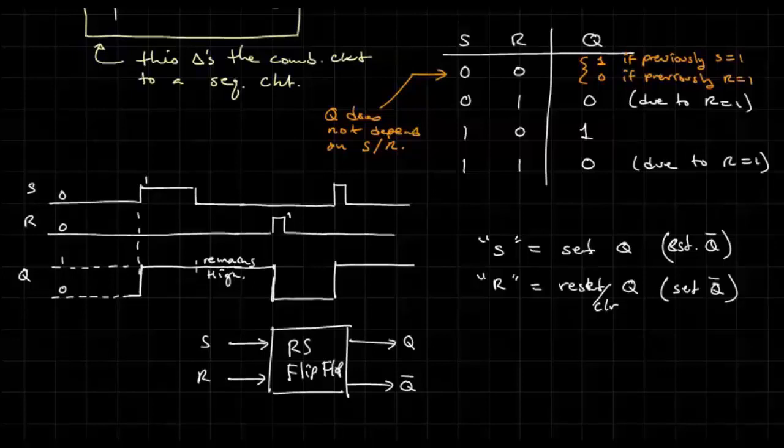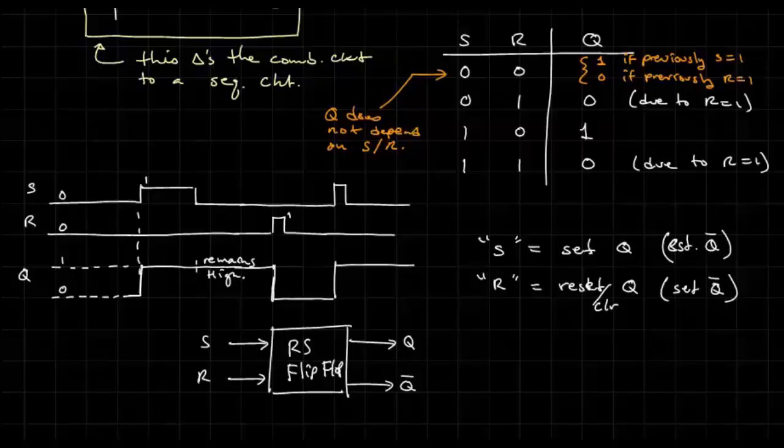But usually, that has limited benefits, because when you turn both of those to low, one of them is going to go low a little bit sooner than the other one. So if you want to go to a known state, it's better just to either set the S input high or set the R input high and get the output to a known state. And then you typically don't want both inputs to be high.